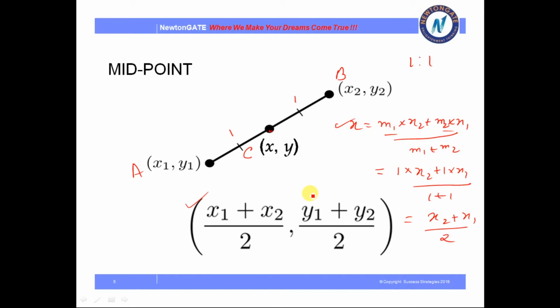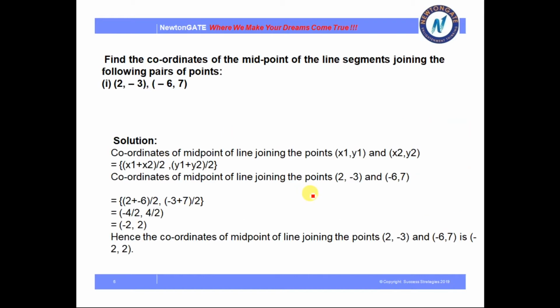Let's see an example. The example says: find the coordinates of the midpoint of the line segment joining the following pairs of points. So two points are given and we need to find the coordinates of the midpoint. Take the points A and B, and the midpoint is C, (x, y).